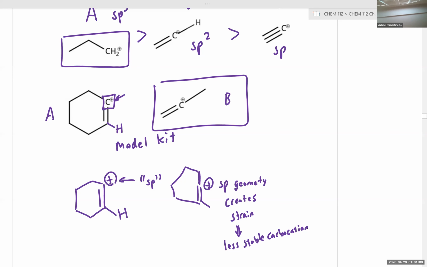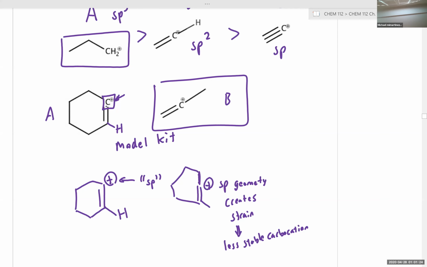In essence, we want to place our carbocation into a p orbital so it can participate in hyperconjugation. That's where hyperconjugation can actually stabilize our carbocation. However, if we try to place this carbocation in a p orbital, this sp geometry would create an incredible amount of strain.